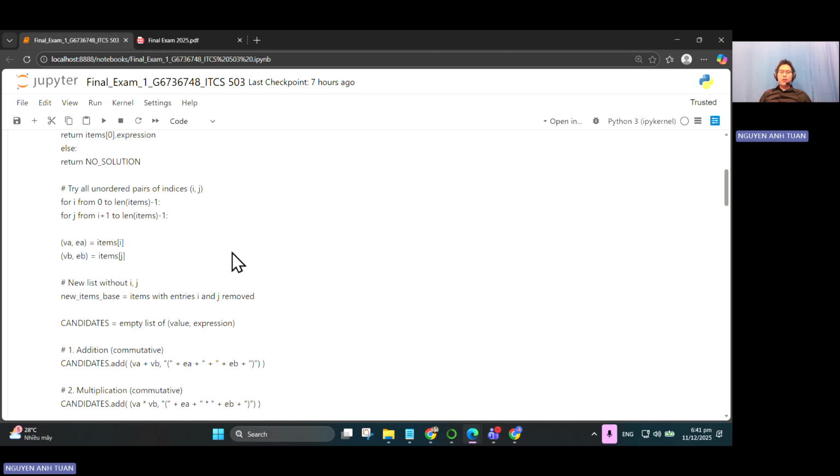Each combination produces a new value plus expression, and I recursively call backtracking with the smaller list.